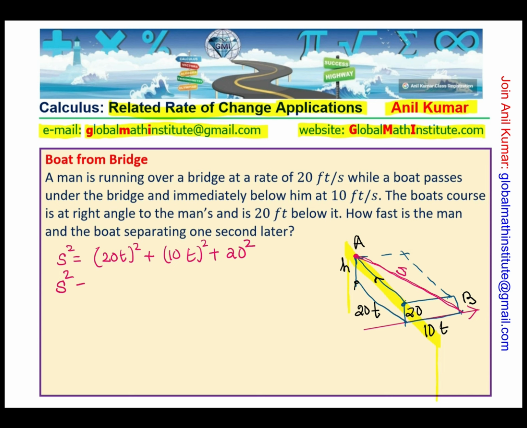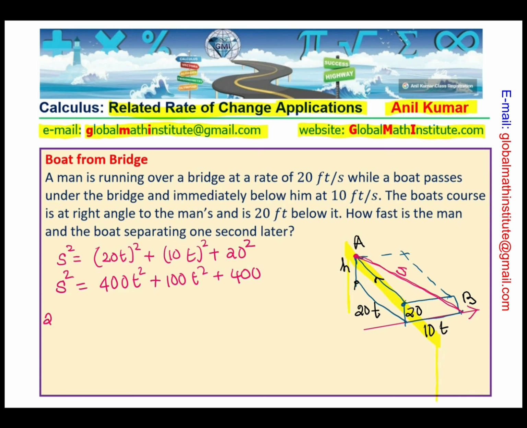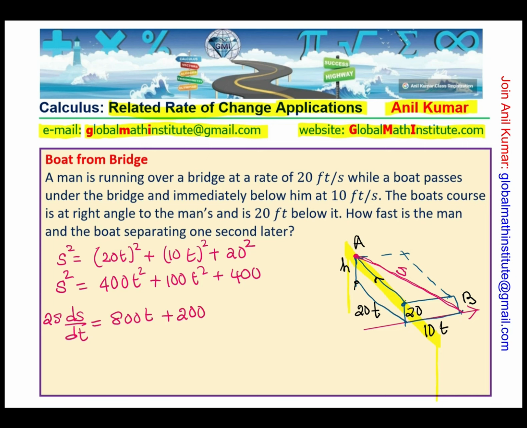So we can rewrite this as 400t square plus 100t square plus 400. Differentiating with time, we get 2s ds/dt equals 800t plus 2 times 100 is 200t, right?